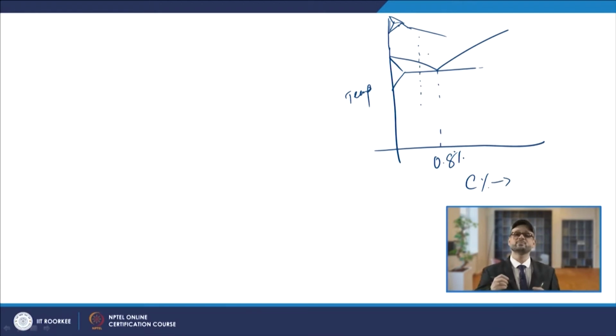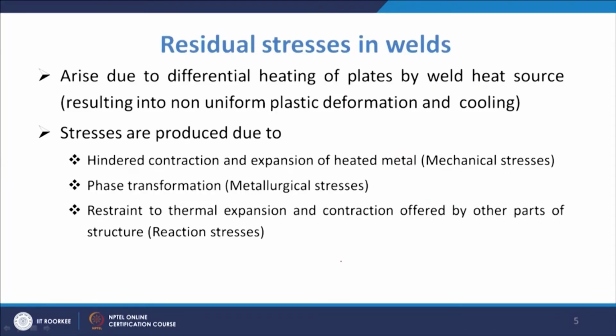So these transformations are occurring, and all these different phases have different properties. Because of these metallurgical transformations, stresses are developed, and that is known as metallurgical stresses, which arise from the different types of phase transformations.